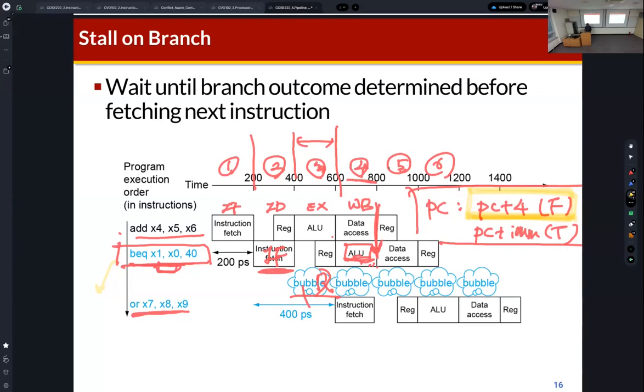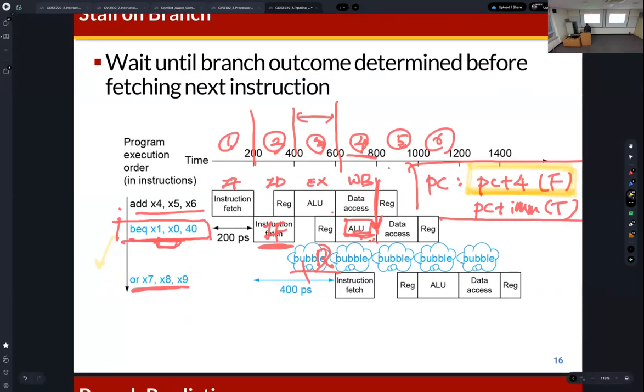So when the branch instruction is executed, even though we don't know the next PC, we assume that the next PC is PC plus 4. And if the branch condition is true, then we cancel the executed instructions in the pipeline.